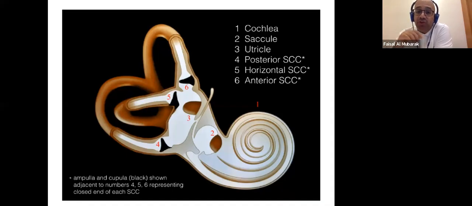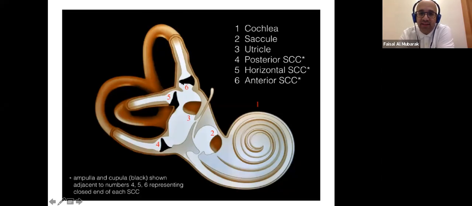Also, what we need to know about the semicircular canals is that they have an open end and a closed end, like a straw. The closed end is closed by something we call the cupula.